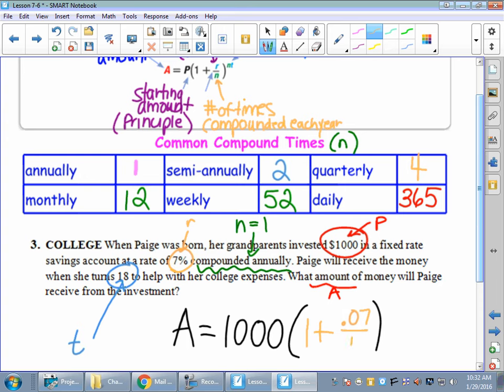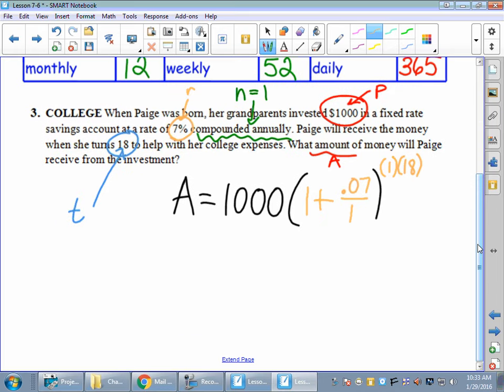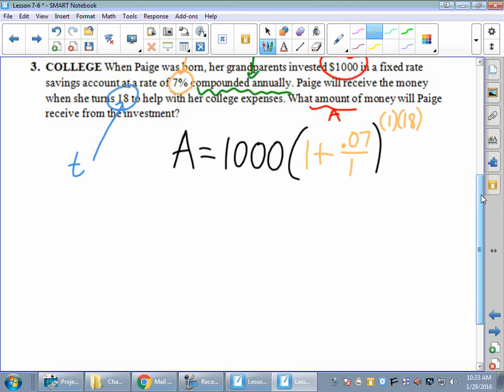We said that was going to be 1. And that's going to be to the N times T power. So N was 1, reuse that, times 18. So here's my equation based on the formula.